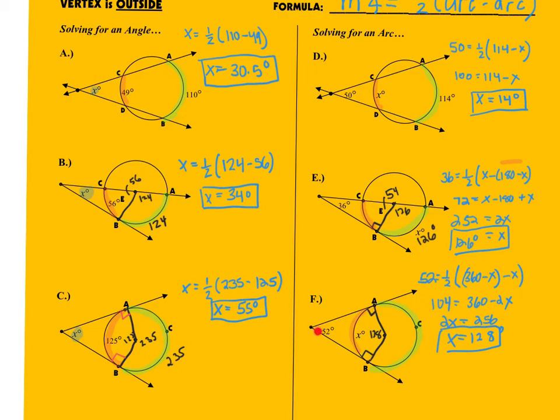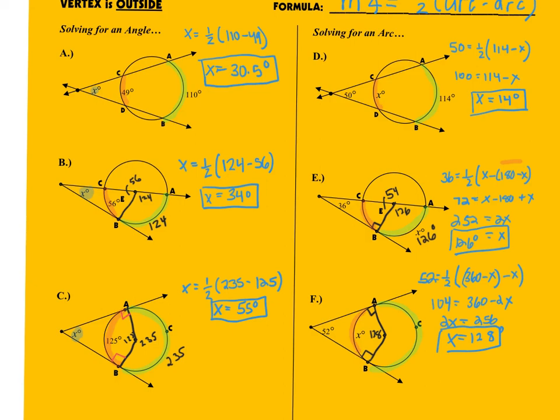But if you look at this, we have a quadrilateral. So if I were to take 360 and subtract 52 and subtract 90 and subtract 90, that would give me 128. And if 128 is a central angle, then this arc here is 128. So I could do that without using the formula.